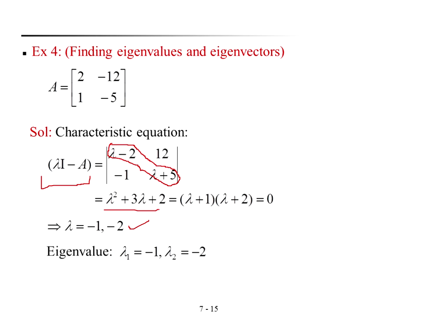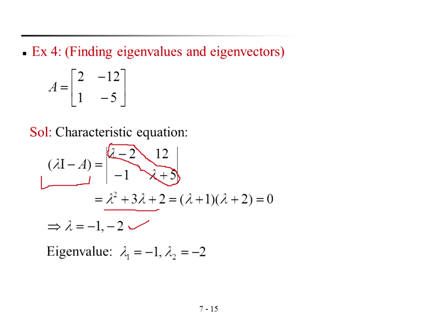If you see, these are the eigenvalues. Recall property number 2: the trace of the matrix is the sum of the eigenvalues.